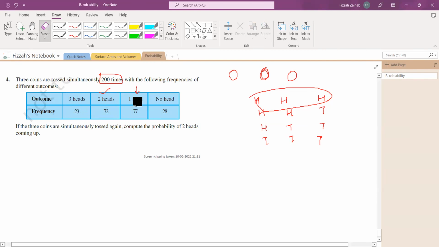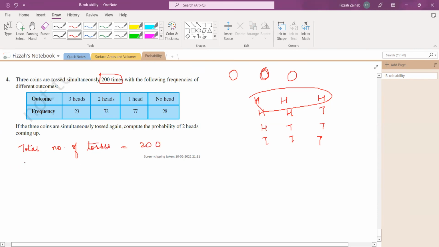Okay. Now, which probability you have to find? If the coins are simultaneously tossed again, compute the probability of 2 heads coming up. How will you do it? Tell me. Right, the total number of tosses first of all. How many times you have tossed? 200, right?